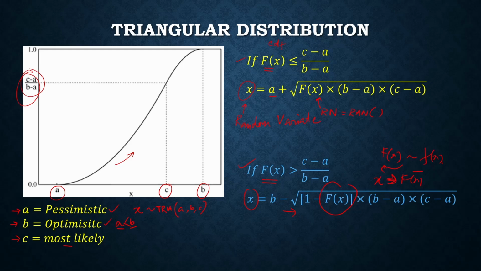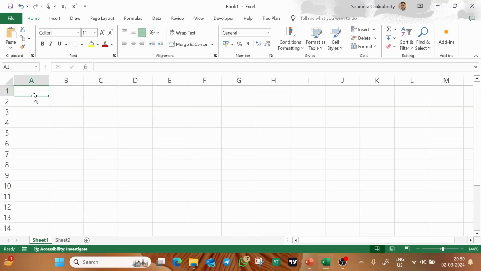Let us come to the Excel sheet and try to implement these two inverse functions, that means exponential and triangular distribution. So suppose we have an exponential distribution having lambda equal to 2. That means the mean arrival rate is 2, something like 2 customers per hour or anything like that.